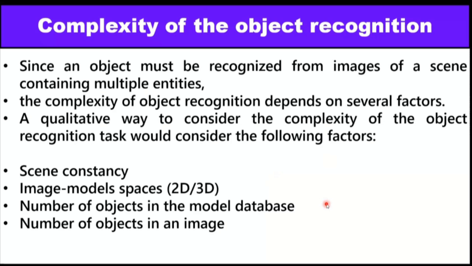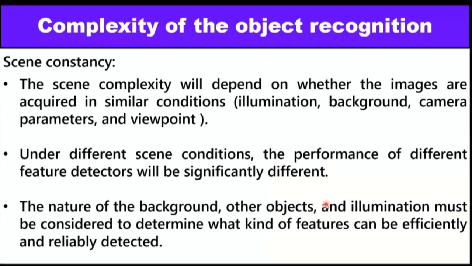Another thing: what exactly is the distinctiveness of that particular feature in the object? That is also a considerable part. That's why this whole process becomes very, very difficult in practice. Still, we try to match in this real time process.